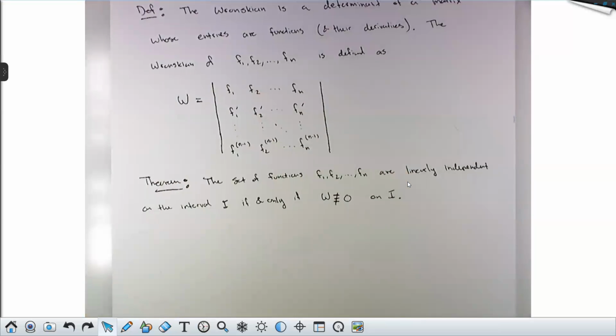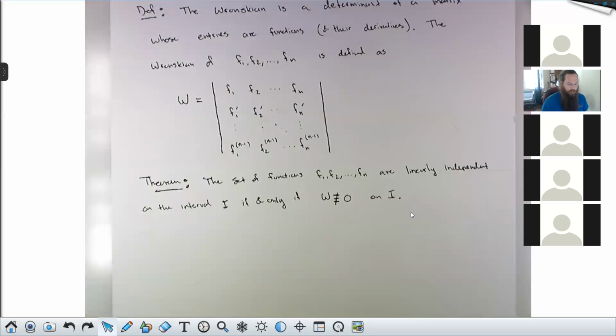So if W is identically 0 on I, then these are linearly dependent. If W is not identically 0 on I, then these are linearly independent. This actually has a lot of subtlety to it, but I'm trying to couch it in the way that I think is easiest for you to understand.